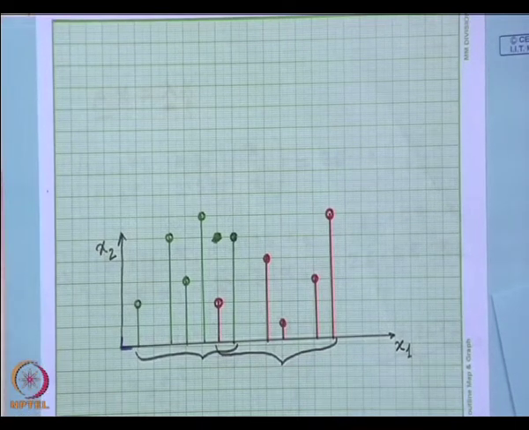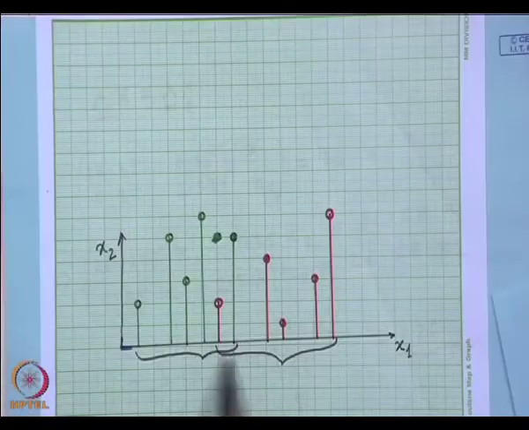So it clearly says that when I take the projection onto the eigenvector, the projected vectors are no more separable. The projections from class omega 1 and class omega 2 get intermixed, which is quite obvious in this particular case.